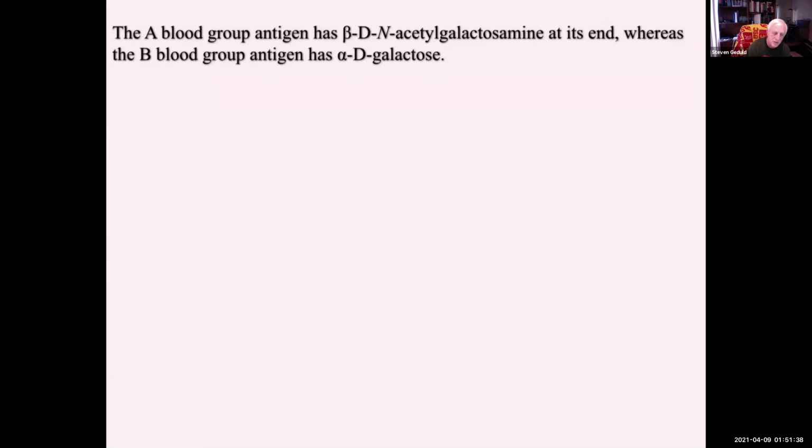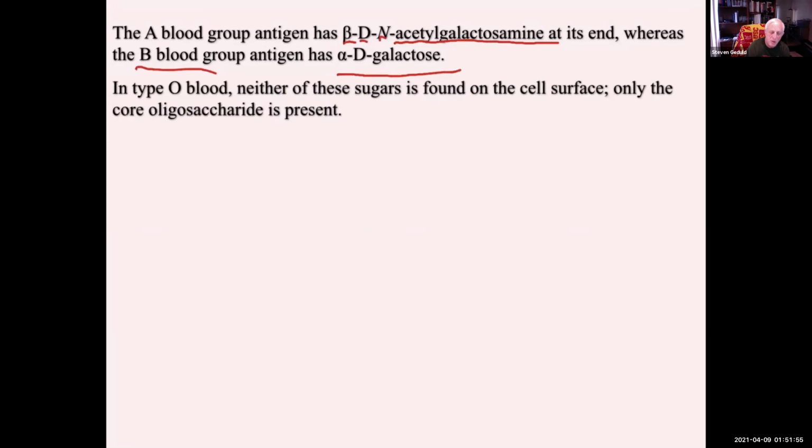So the A blood group has beta-D-N-acetylgalactosamine at its end. The B blood group has alpha-D-galactose at its end. So it's different sugars. Type O doesn't have any sugars on the blood cell surface.